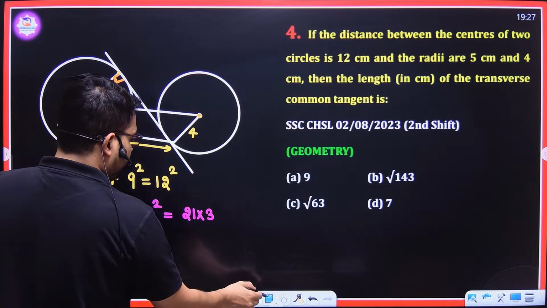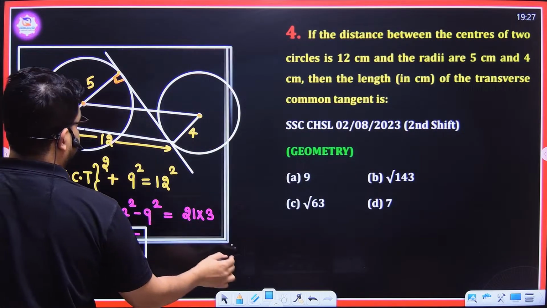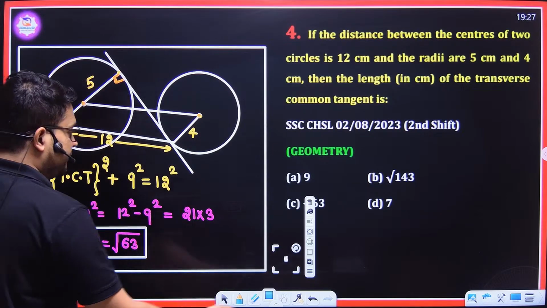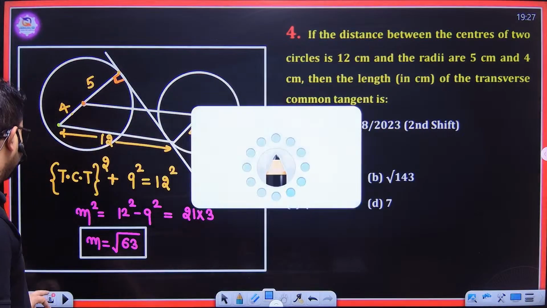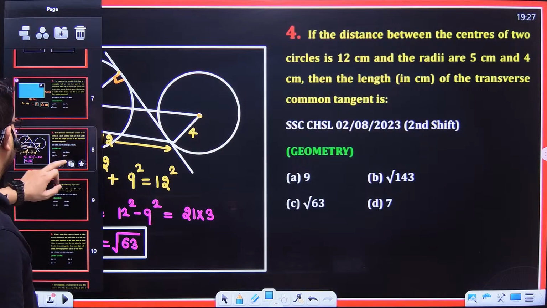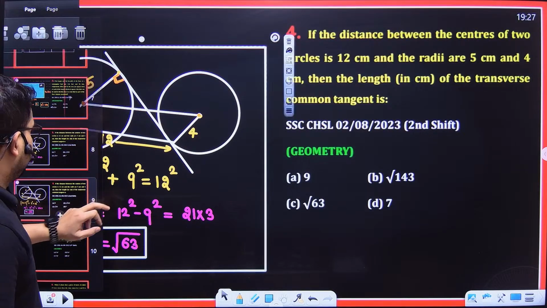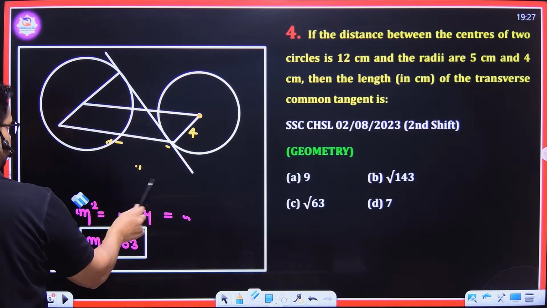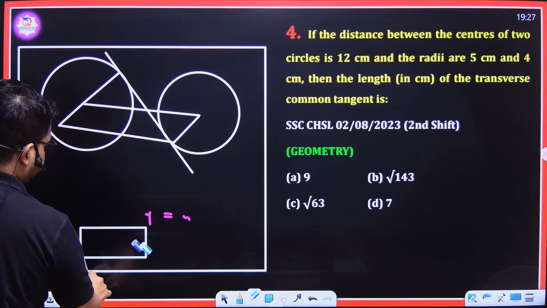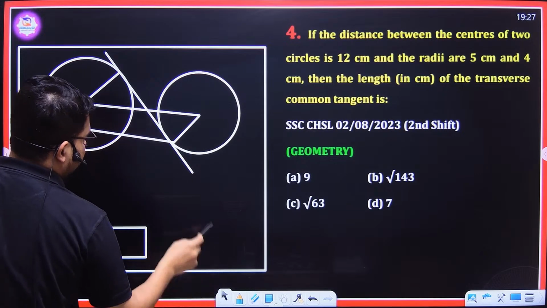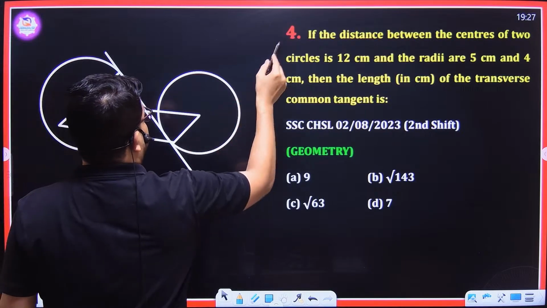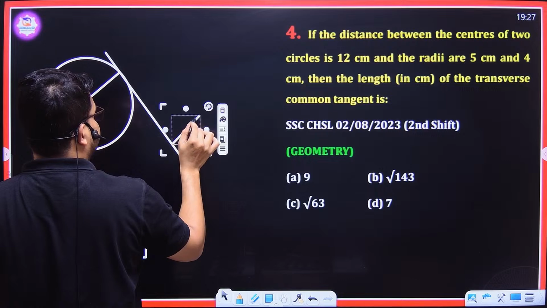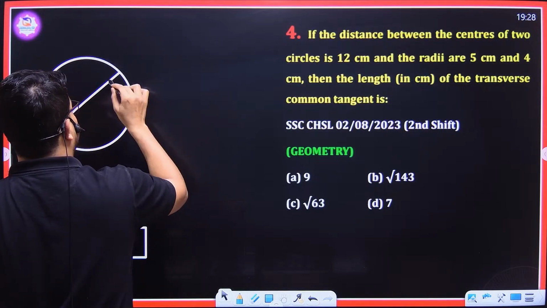This is the core concept of this question, but in your exam you need not make the figure. Because if you make the figure, you will lose your time, and time is precious in competitive examinations. Just look into this.